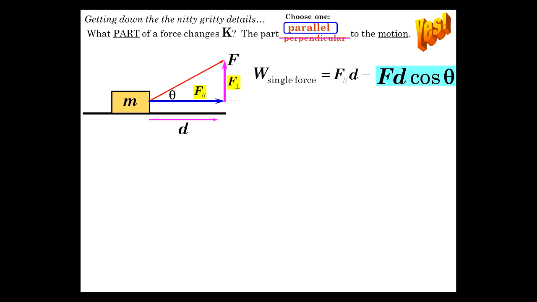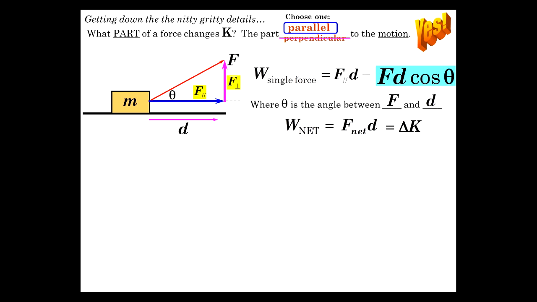So it's F parallel times D, which is F D cosine theta. And that angle is between the force and the displacement. The displacement is in this direction, the horizontal direction. All right, now that we got that squared away, work net equals F net times D, which is delta K. A little redundant perhaps, but I can hardly emphasize it too much.